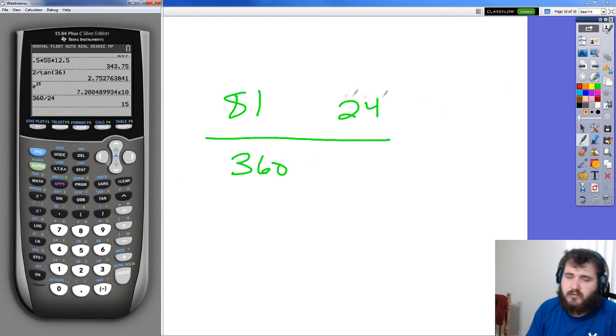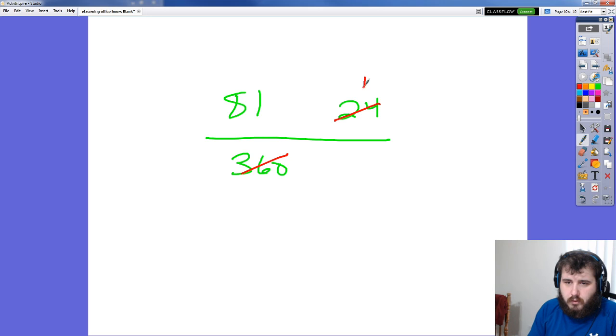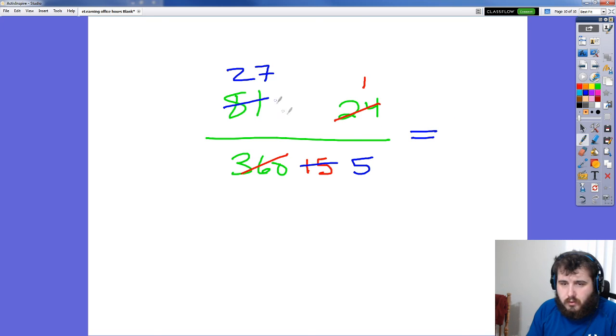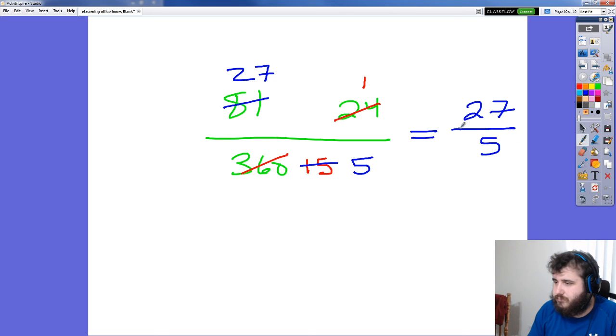Yeah, okay, so what I could do is divide the top by 24 and the bottom by 24. 24 divided by 24 is 1. 360 divided by 24 is 15. I'm just doing it in pieces so I don't have to do it with a big number. 81 and 15, what do they have in common? Well, 3. 81 divided by 3 is 27. 15 divided by 3 is 5. And what we've got left over is 27 over 5.